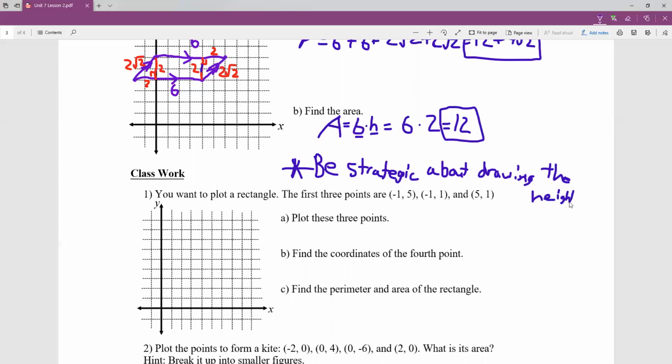If you have a nice height drawn, like we had in this problem up here, or any of the problems above, it makes the problem so much easier to do. So be very strategic about drawing the heights. That's my big takeaway from this.